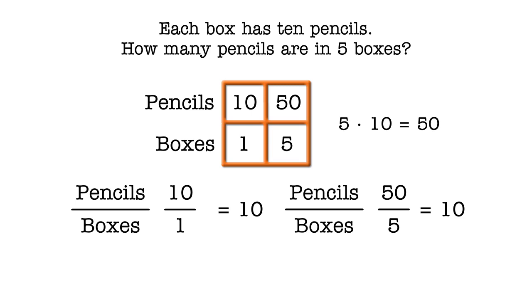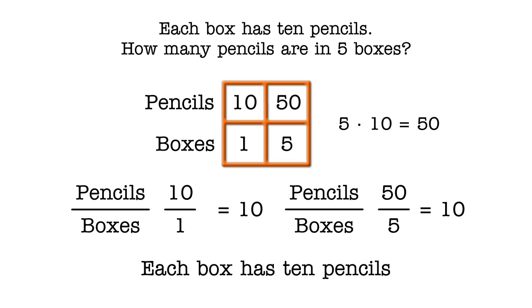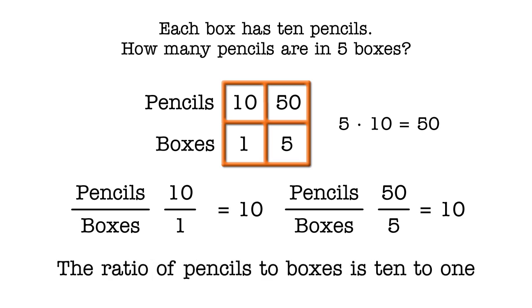You already know that when we use division to compare numbers, you can describe this situation like this. Each box has 10 pencils. This is one way to describe a ratio. Another way to describe the ratio is to say, the ratio of pencils to boxes is 10 to 1. This sounds more formal, but it means exactly the same thing. We can also write ratios in different ways.